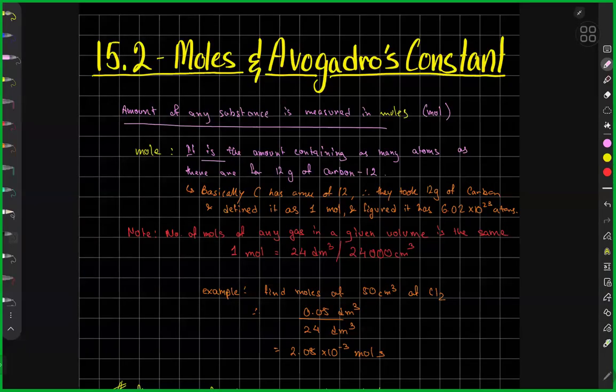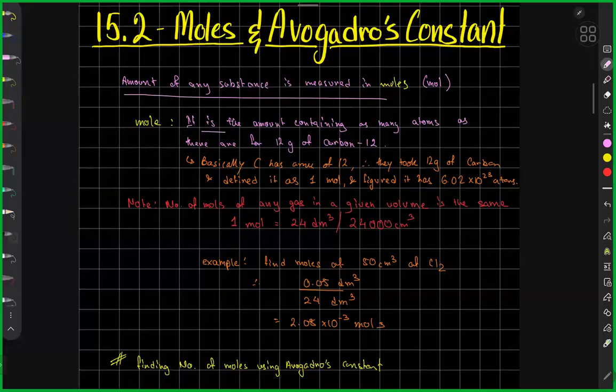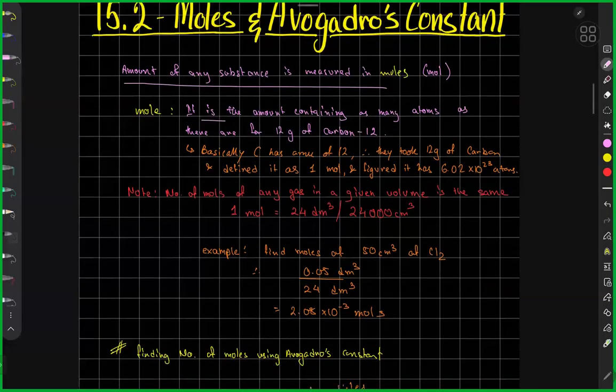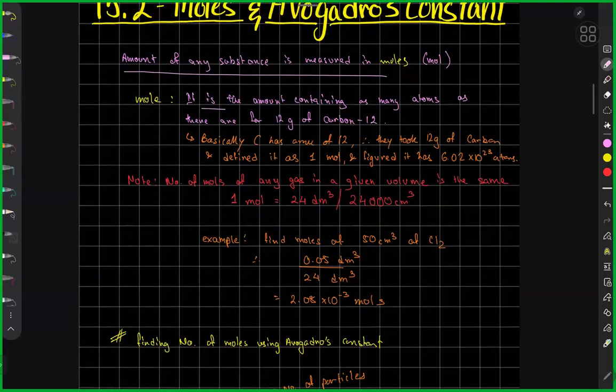Now, if I just qualitatively describe what mole is according to this definition, it is telling you, if I have, let's say, a bunch of carbon over here, and I take a part of it, which is 12 gram.